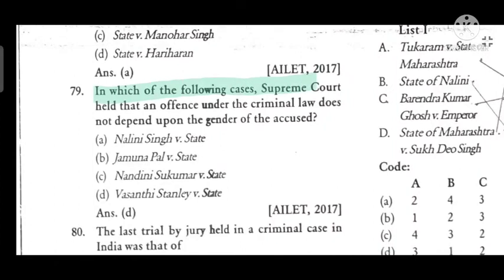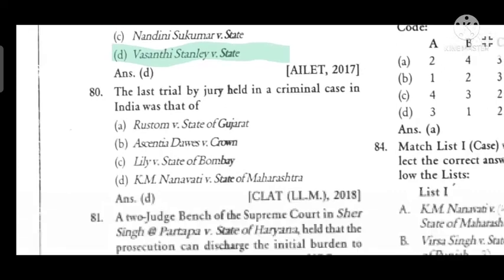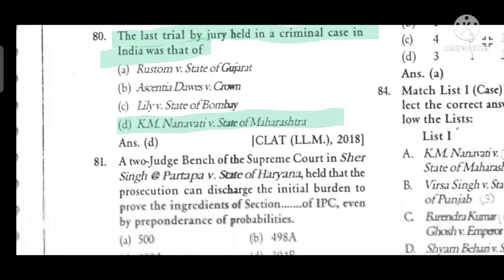In which one of the following cases did the Supreme Court hold that an offence under criminal law does not depend upon the gender of the accused? Vasanti Dubey versus State. The last trial by jury held in a criminal case in India was that of K.M. Nanavati versus State of Maharashtra.